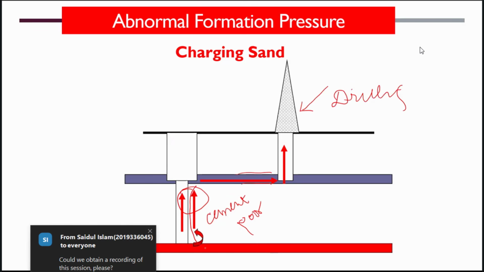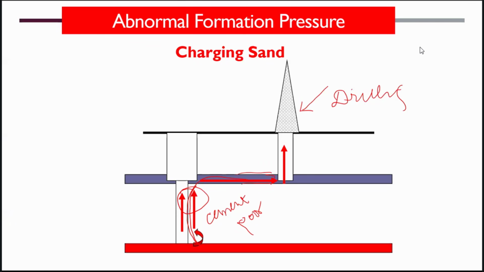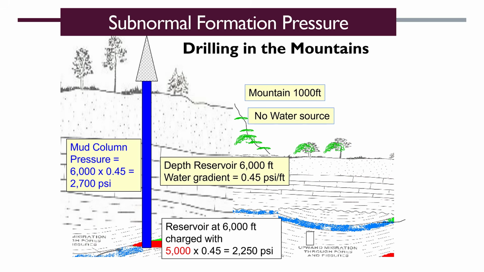So from one formation to another, gas can migrate if you have a poor cement job or a connection between formations due to any reason. This red formation will charge the blue formation to high pressure. So here also you get abnormal pressure. These are various reasons for abnormal pressure. If you are drilling in mountains, then also you will get abnormal pressure.